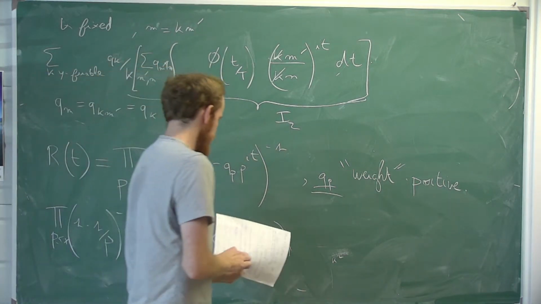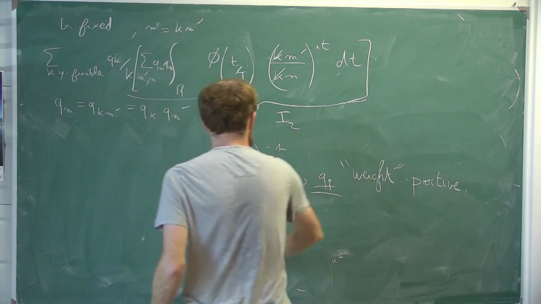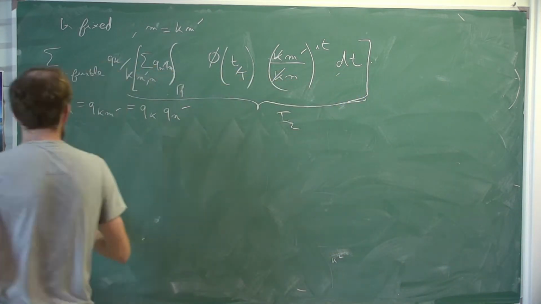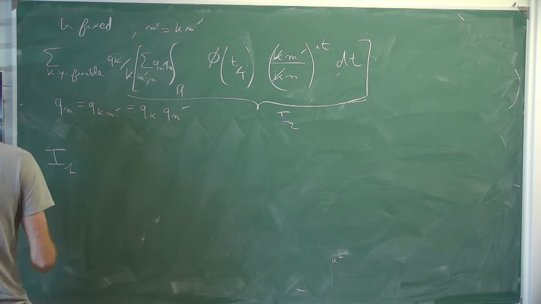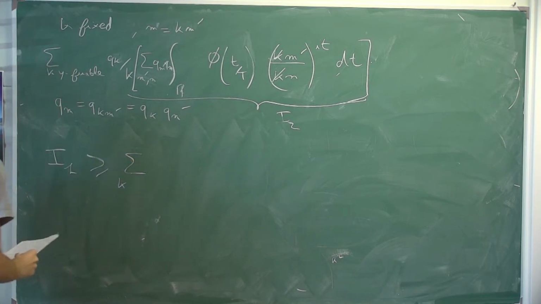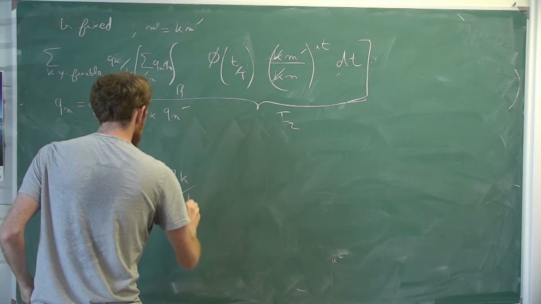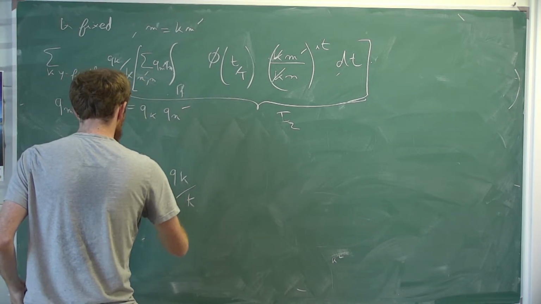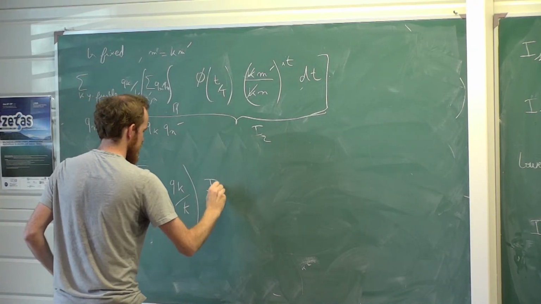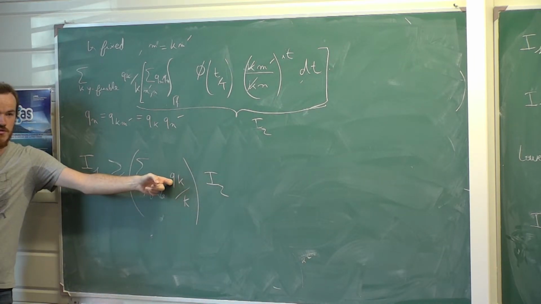So what does it say? That this thing is bigger than the sum of q_k times the second integral. So a lower bound is naturally given by the sum of these coefficients.